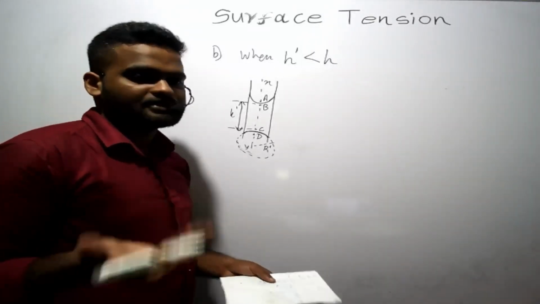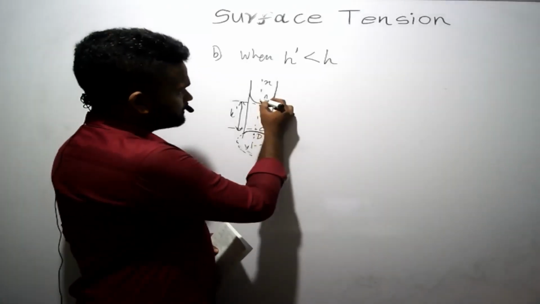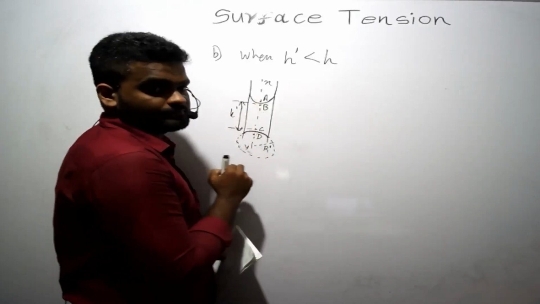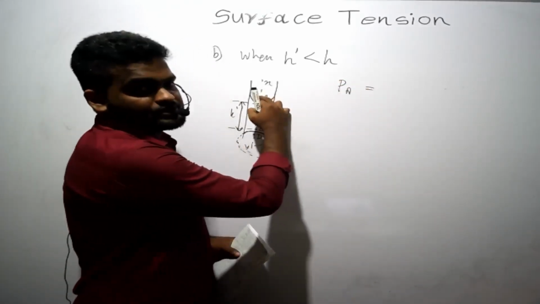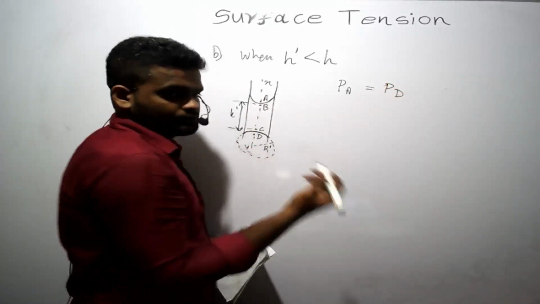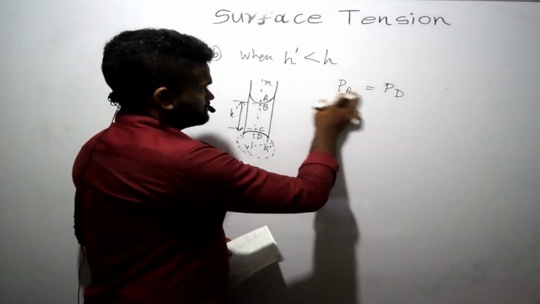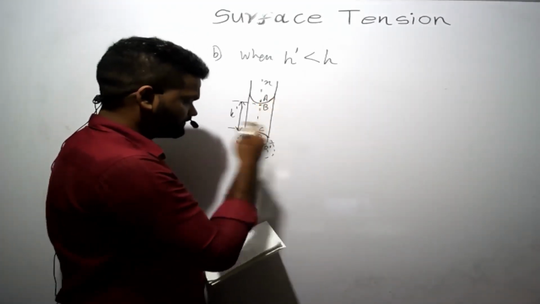Now I'm going to do a pressure balance. I'm going to come from A to D. So we can write PA, atmospheric pressure, is equal to PD, which also is atmospheric pressure. I'll just start from here.